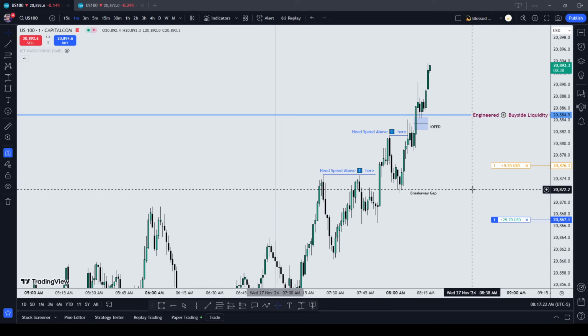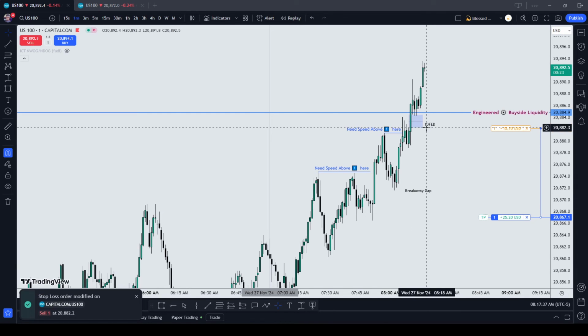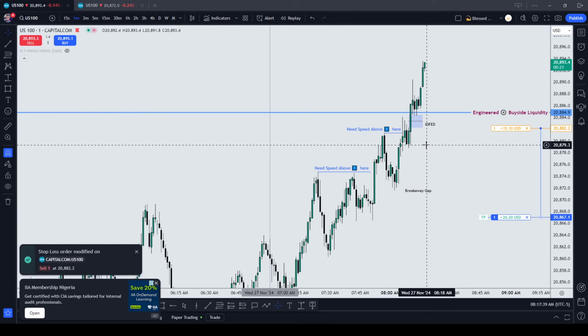Okay. So now that we got this institutional order flow entry drill here, I'm moving my stops to just below this right here. Why? Just to lock in a little bit of profits, you know.